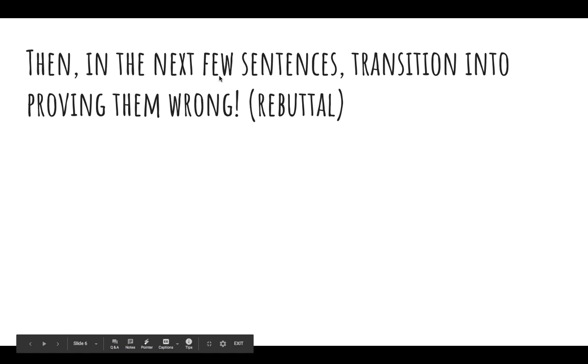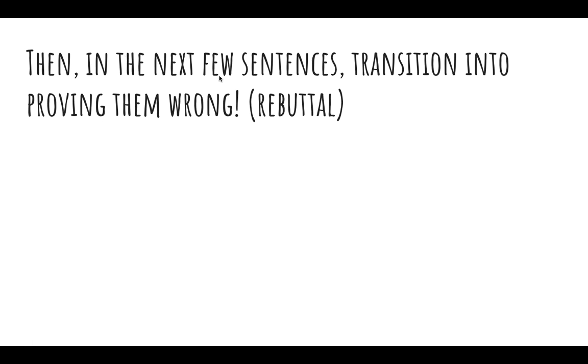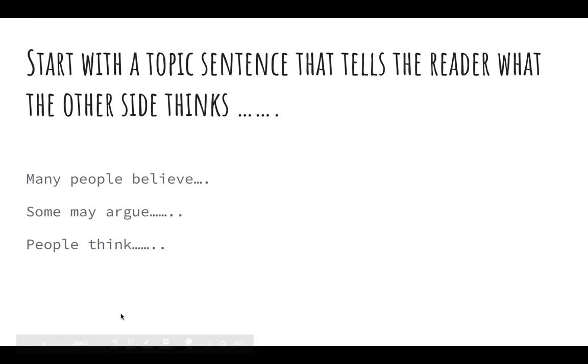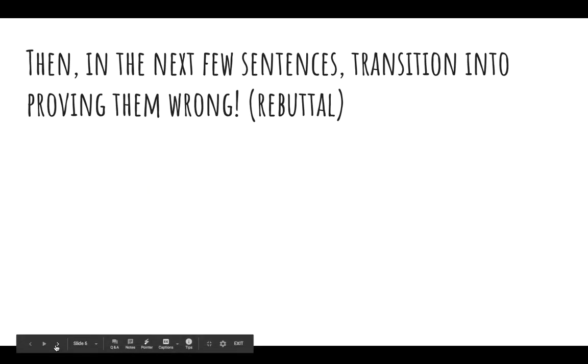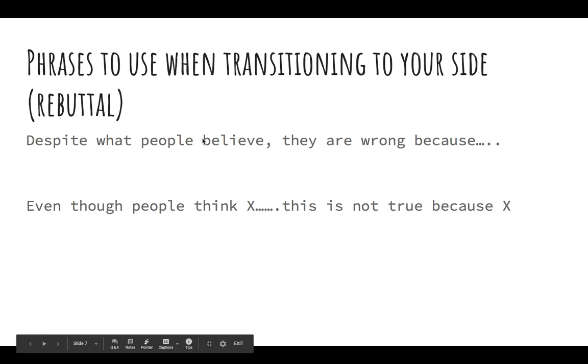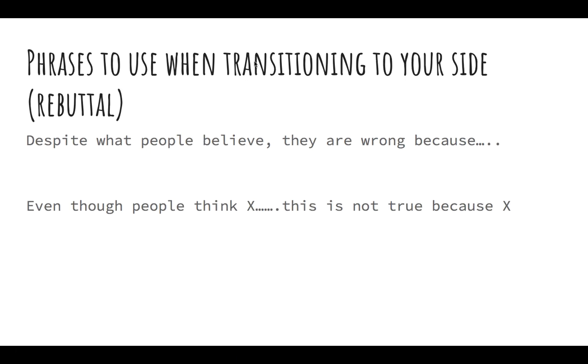So in the next few sentences, after your topic sentence, you transition into proving them wrong. This is called the rebuttal. So this is when you're going back at someone. Imagine you're in an argument. They're saying one thing, you're saying, no, you're wrong because blank. That's the rebuttal, right? Okay, so phrases to use when transitioning to your side.